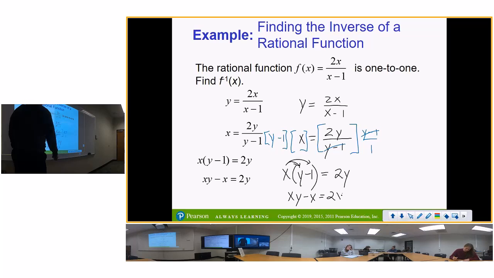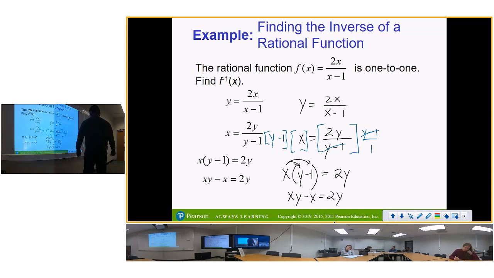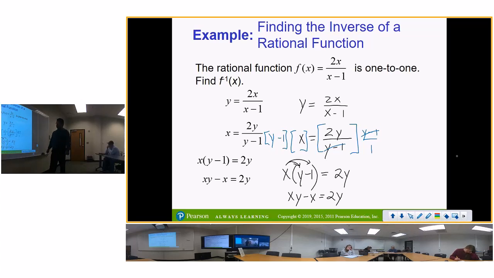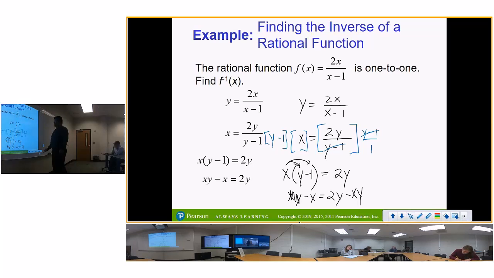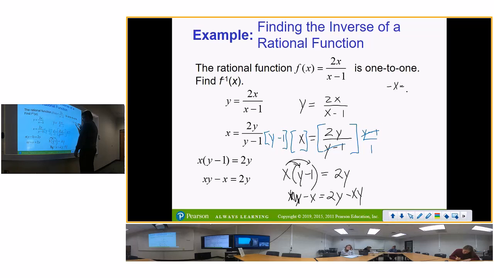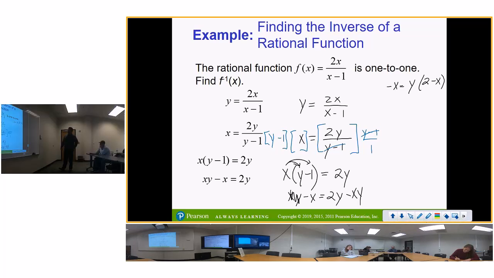Now we got to get the y's on what? Both sides. How do you get rid of a positive xy? You subtract it. That's minus xy over here. And what happens? You get negative 2x is equal to y times 2 minus x. What did I do there?